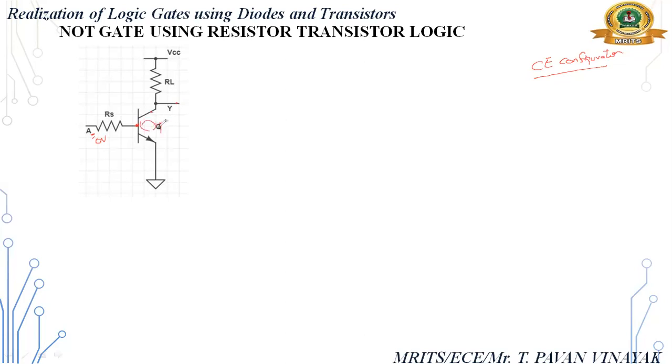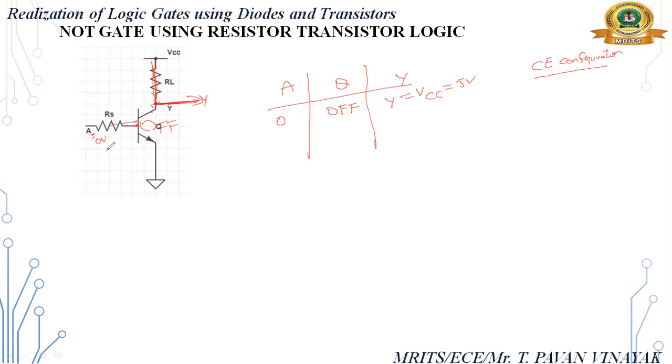Whenever 0 volts is given to the base, the transistor does not respond. It is in the off region. So what is the output? VCC comes to the output because this VCC does not go to ground. Y is equal to VCC, that is equal to 5 volts.